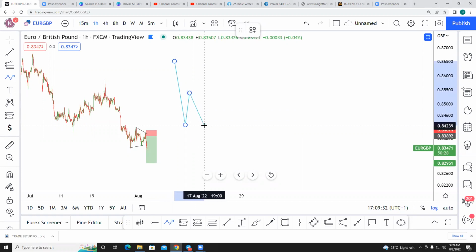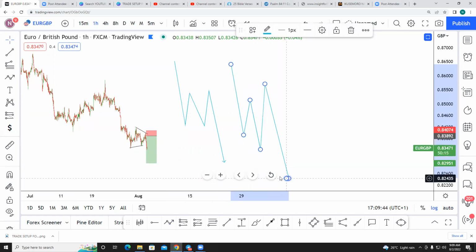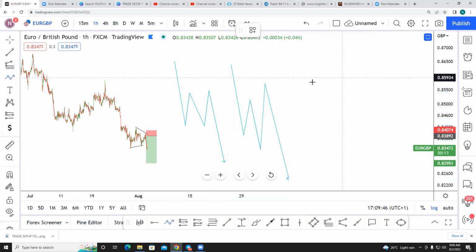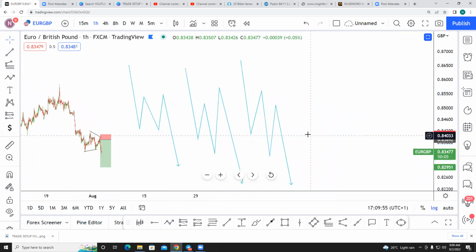For a regular flat, you can see it this way. It goes down. For an expanding flat, you see an impulse 1, 2, and 3. It goes down. And then the third type of flat is what is called a running flat. Up, break it down, cannot get to the top, boom. This is a running flat.